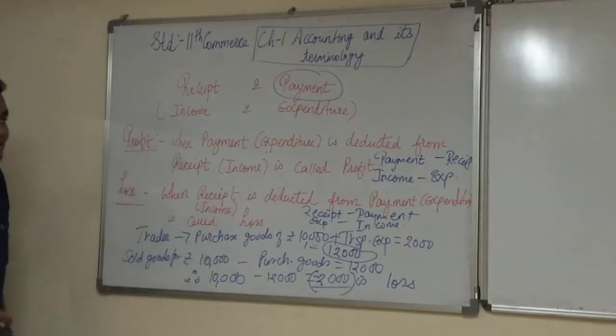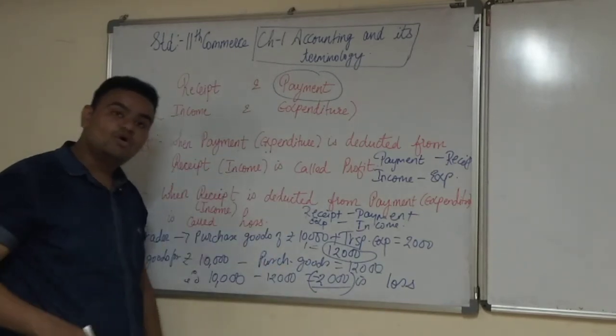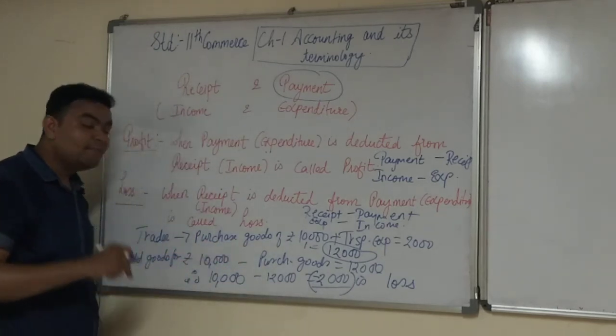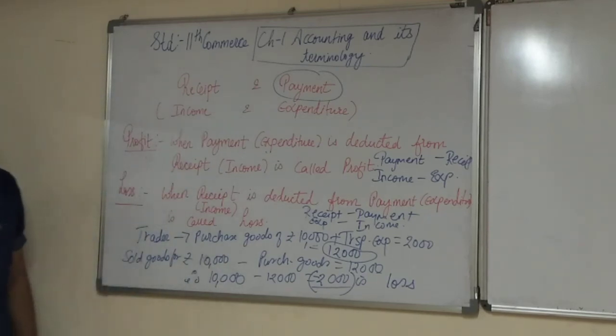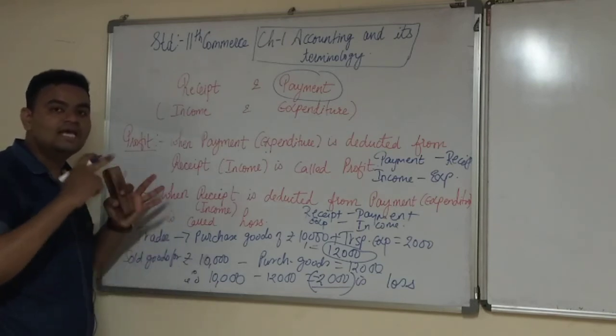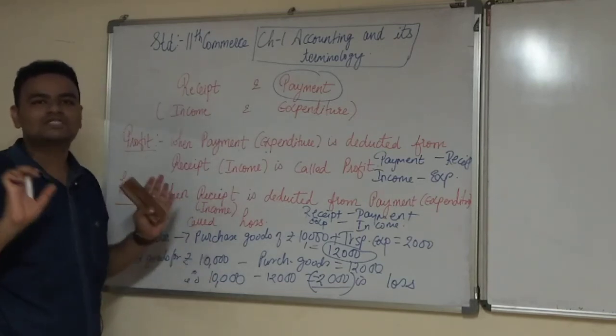Whenever the income is more than the expenditure, you will get a profit, and whenever the expenditure is more than the income, that will be a loss. This is the definition of profit and loss, and it will be with you through the entire life you study.